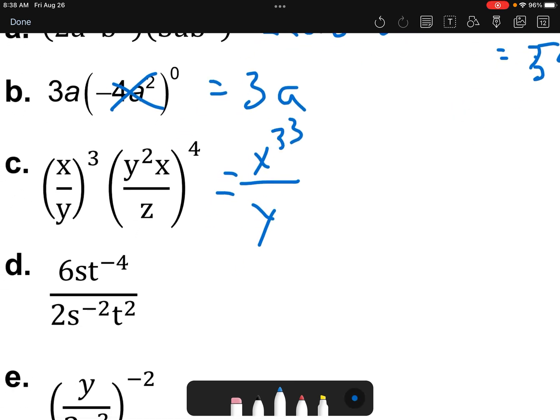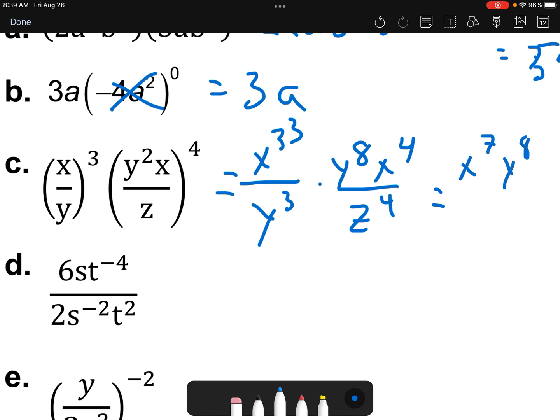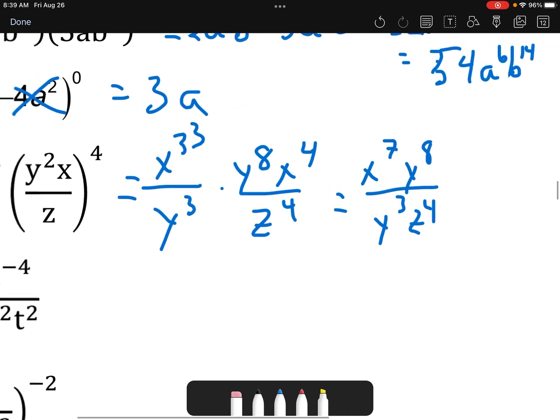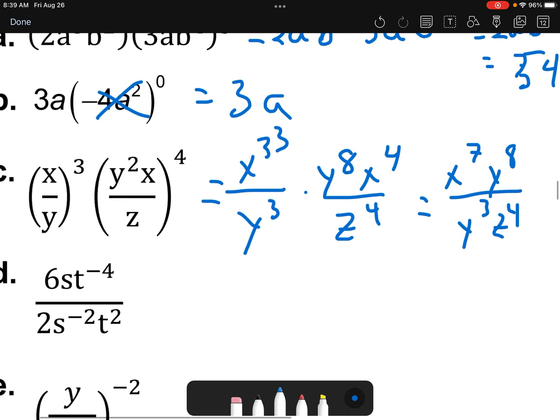C, we went ahead and took the, I apologize, I'm doing this without a pen. My pen is not working currently. So this would be x cubed over y cubed times y to the 8th, x to the 4th over z to the 4th, which then would simply be x to the 7th, y to the 8th over y cubed times z to the 4th, and then we have to go a little farther, and this is where I said we could move up.